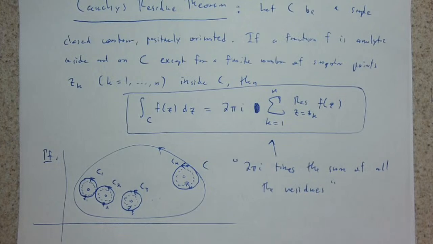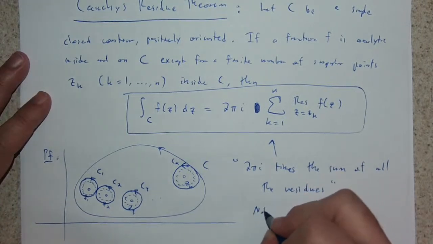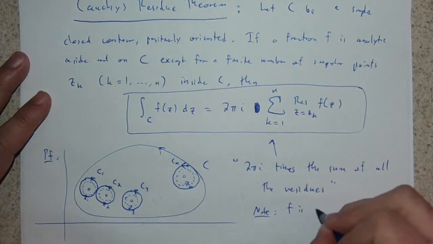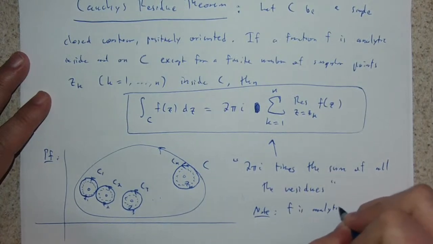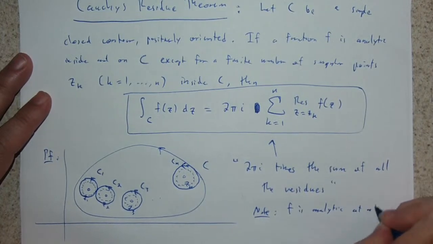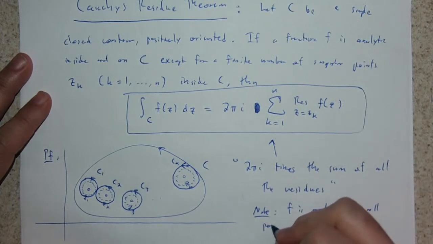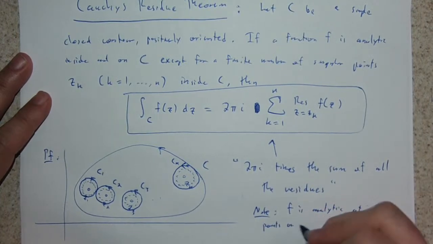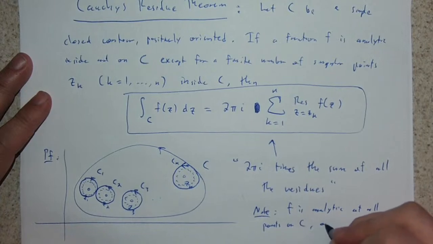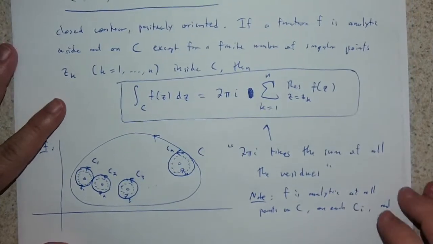Now that I've written out all these circles, note f is analytic at all points on each C sub i, and at all points between.